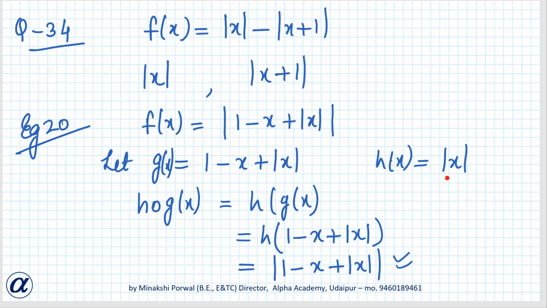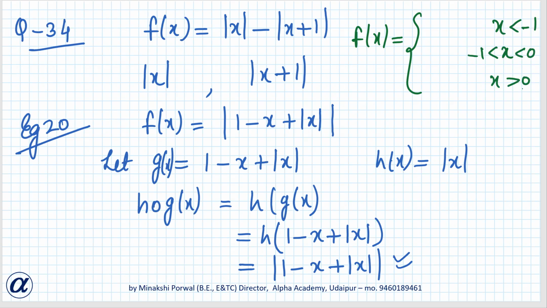Yes, ma'am. So I think everything is finished in this exercise. Even this last question, the 34th question, we can do by another method also. You can define f(x) for x less than minus 1, x between minus 1 and 0, and x greater than 0.